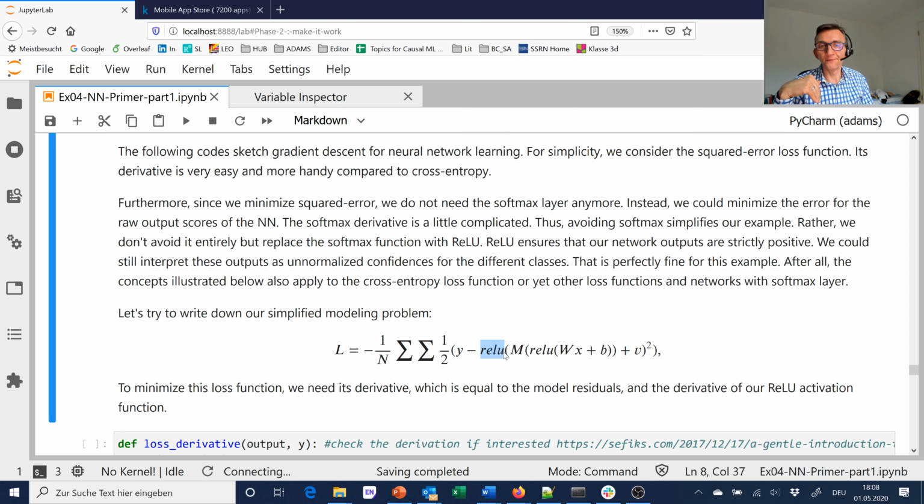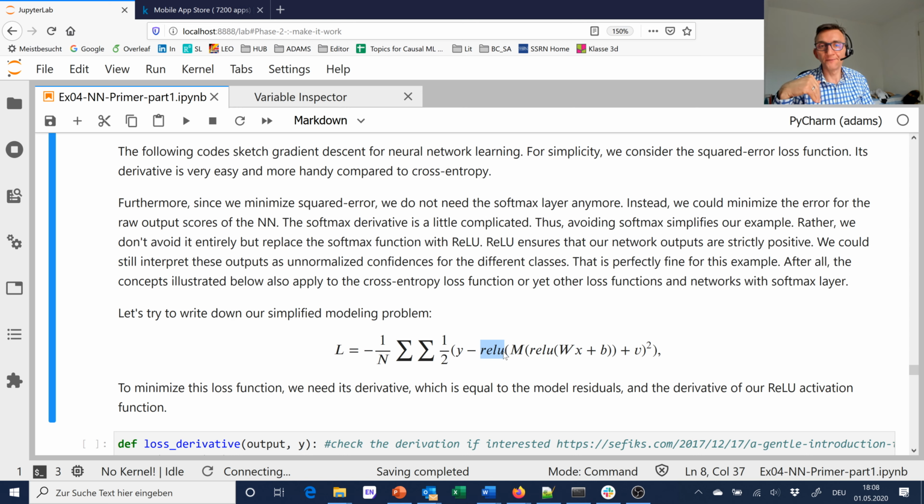There are two derivatives that we need. Well, we need more than two, but these two we will implement as functions. The derivative of the loss, which depends on our network output and the actual target variable, output and y. And for squared error loss, it's just output minus y.